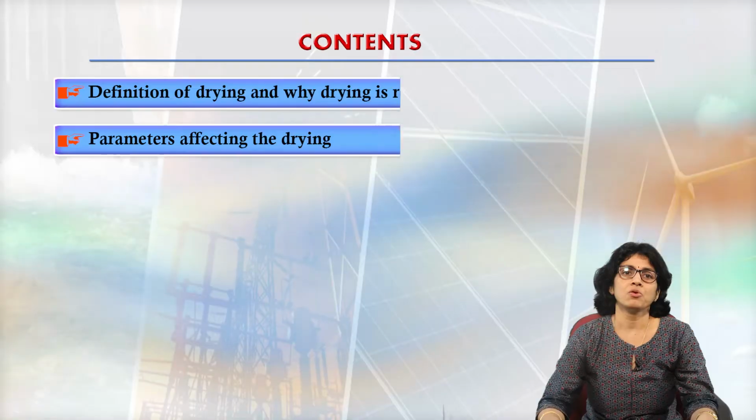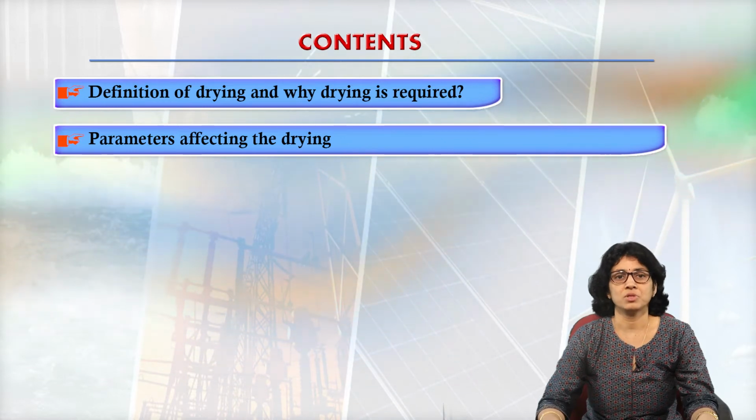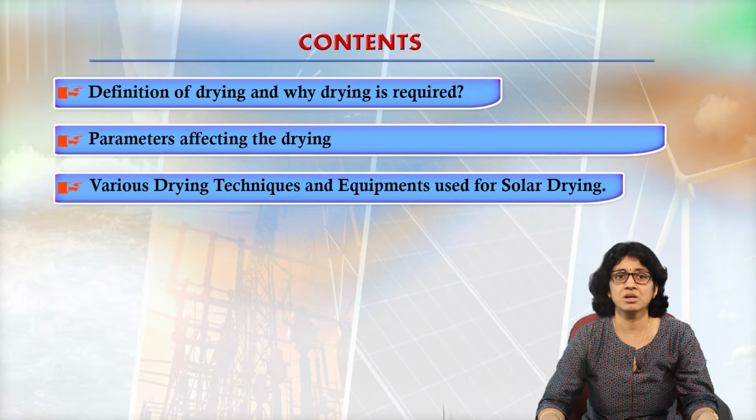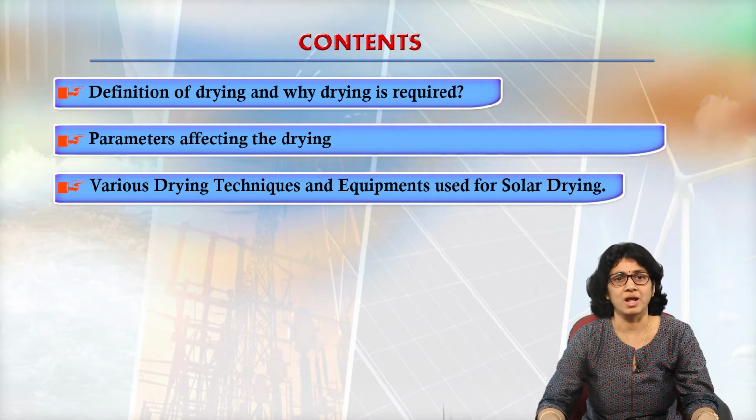In this particular session, I am going to discuss the topic on thermal efficiency of dryer. Today's discussion points will be what is drying and why drying is required. What are the parameters affecting the drying? I will be discussing various drying techniques and equipments used for solar crop drying.